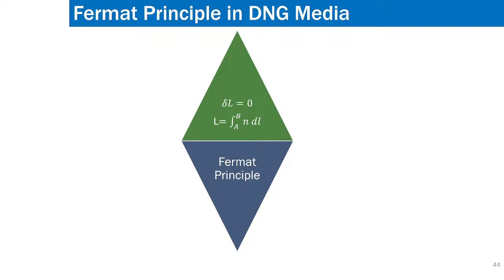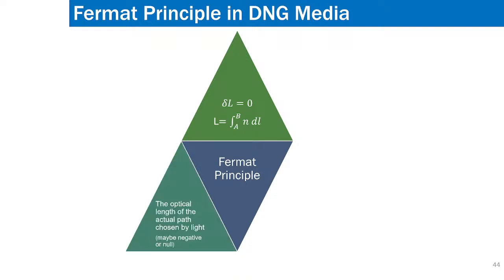And the condition for Fermat principle to hold is delta L equal to 0. This is going to be violated if n is negative. If n is positive, this condition holds.